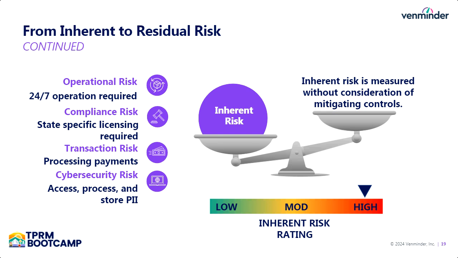They're also processing payments, so we know there's very high transaction risk. And with those payments, they're accessing, processing, and storing all kinds of PII, so we know there's very high cybersecurity risk. So right now, as you see, we're measuring all of the risks. We don't have any controls in place. We haven't even thought about that. We know their inherent risk rating is very high at this point.